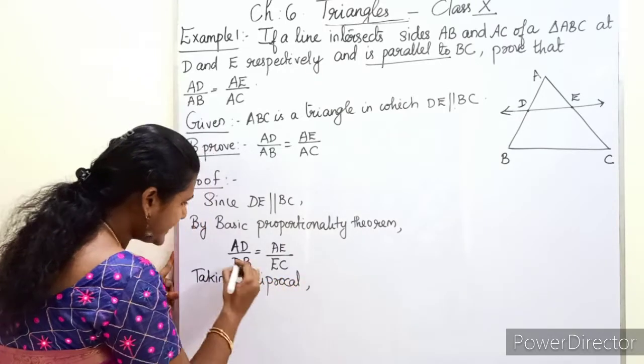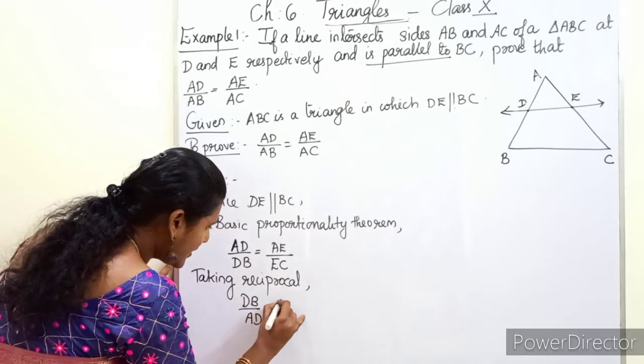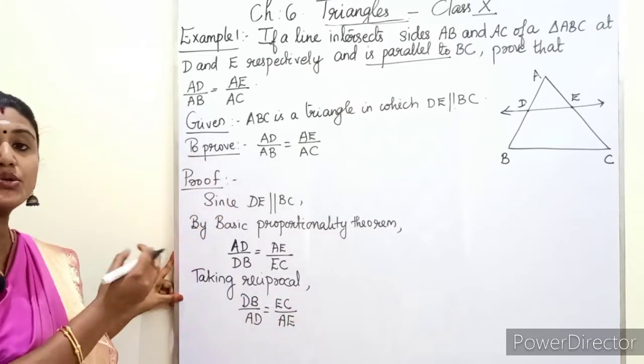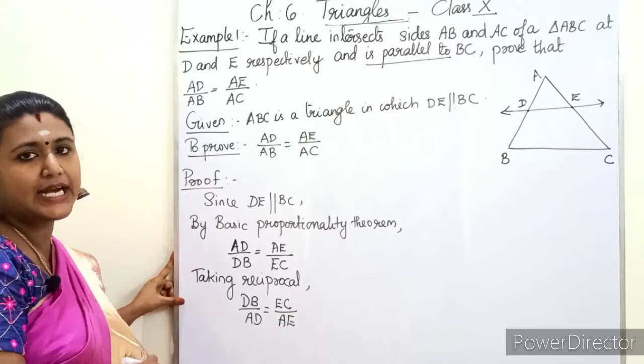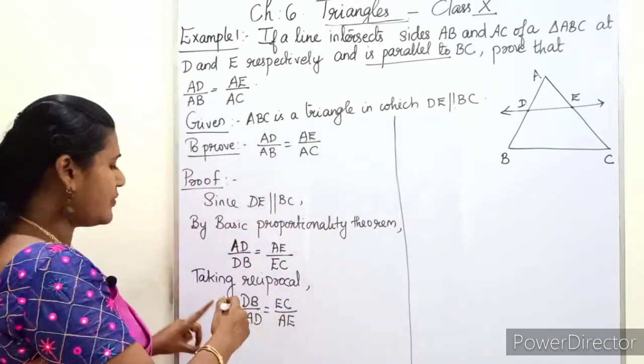So when you take reciprocal, you will get DB by AD is equal to EC by AE. Now what we are going to do? We are going to add 1 on both sides of the equation.